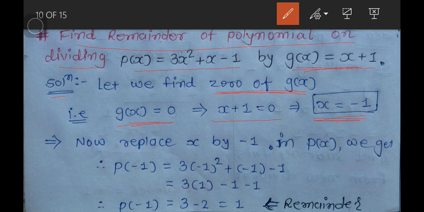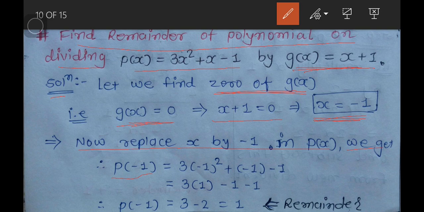Now we want to find the remainder, so we replace x by minus 1 in p of x. That gives p of minus 1. Wherever we see x, we replace it by minus 1.